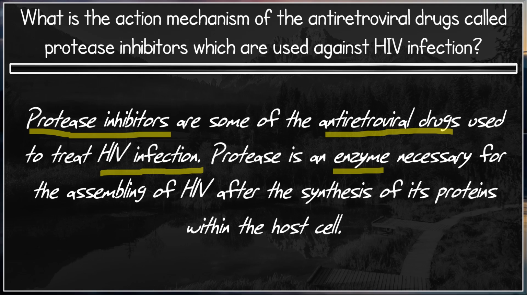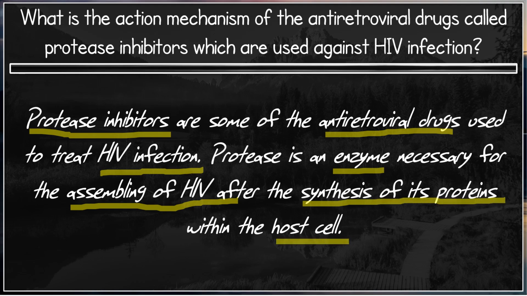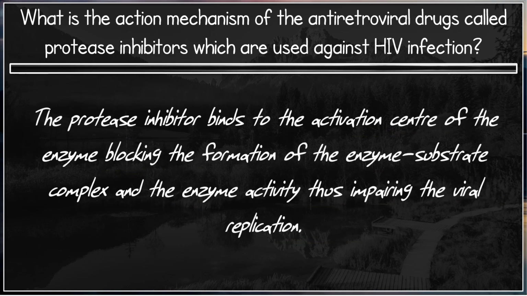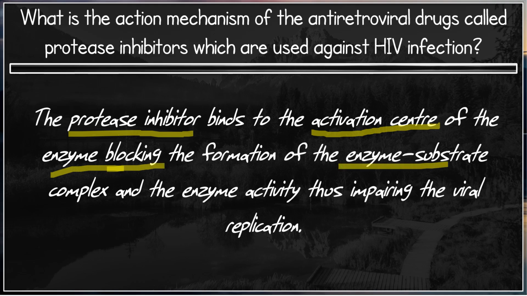Protease is an enzyme necessary for the assembly of HIV after the synthesis of its proteins within the host cell. The protease inhibitor binds to the activation center of the enzyme, blocking the formation of the enzyme-substrate complex and the enzyme activity, thus impairing viral replication.